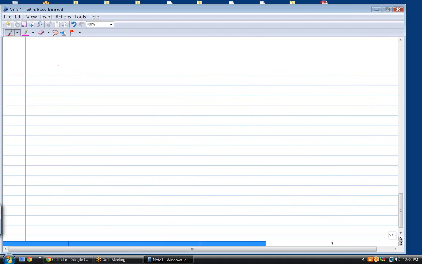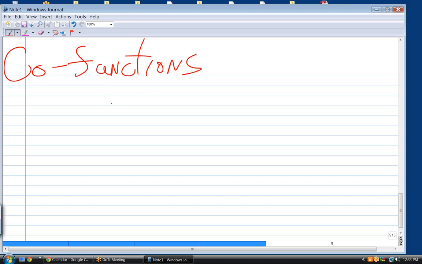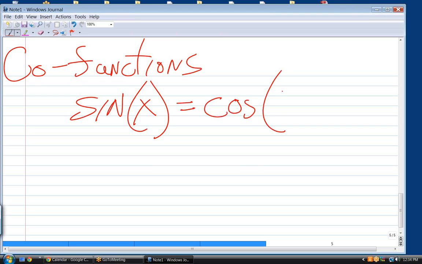Let's talk about that. We have our cofunctions. Have you come across cofunctions yet? Not really, no. Cofunctions are very easy. The cofunction of sine is cosine. In other words, you take the trig and you stick a co in front of it. That's your cofunction. Well, cofunctions have a certain property.